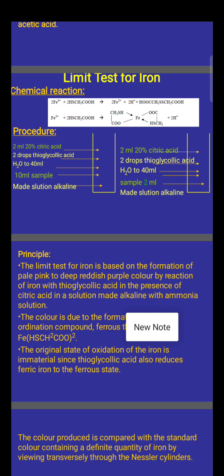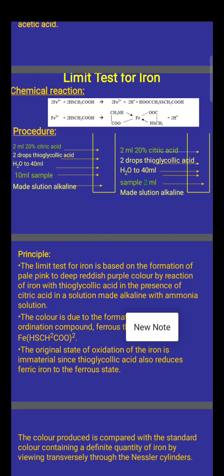Two arrows are there. Thio means sulfur. Okay, so an acidic functional group is there, COOH will be there, and it is thioglycolic acid. The main element is sulfur over here, because as we know sulfur has a lone pair of electrons. It will easily donate its electron pair to the metal ion.